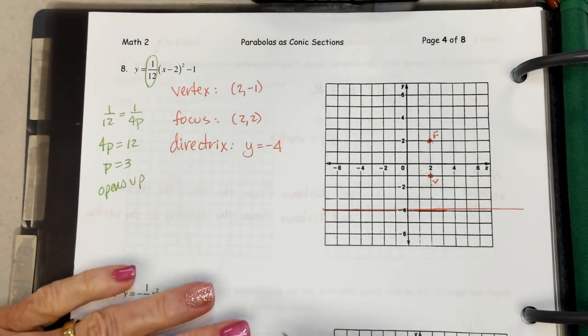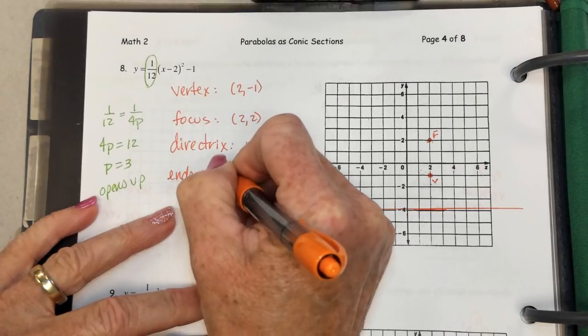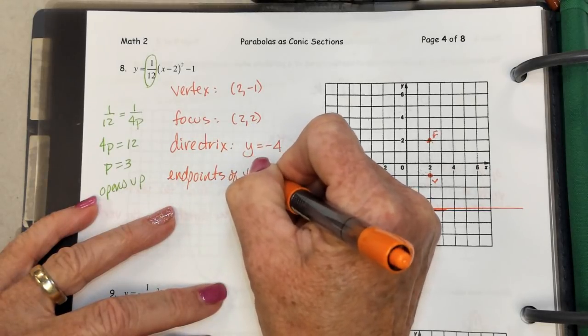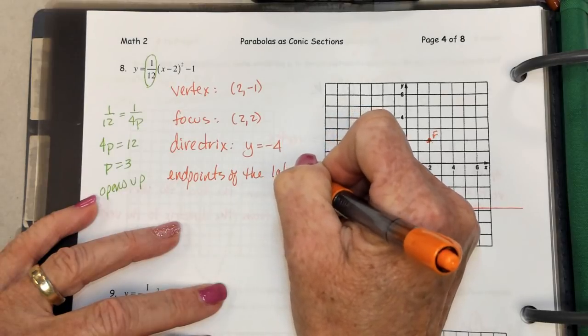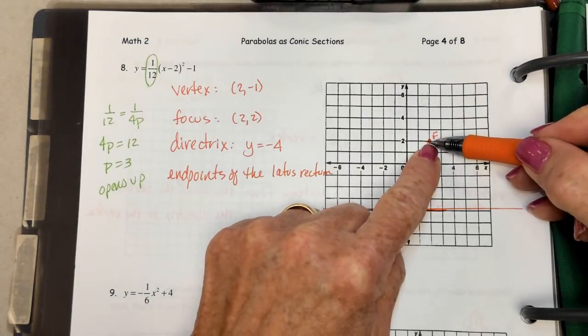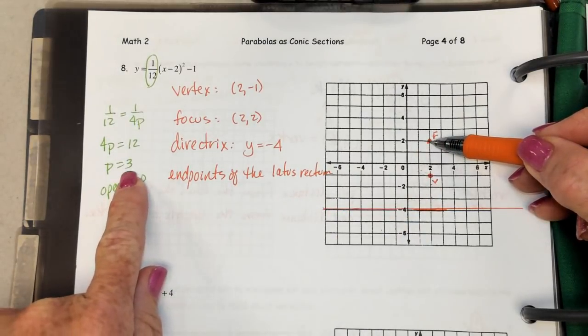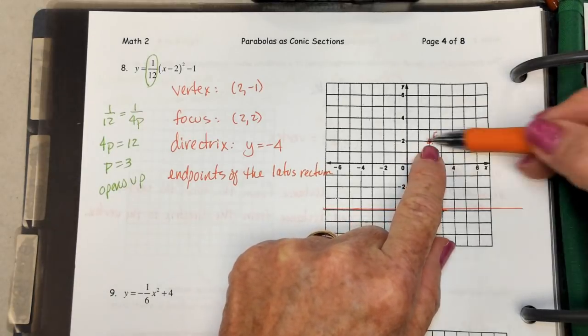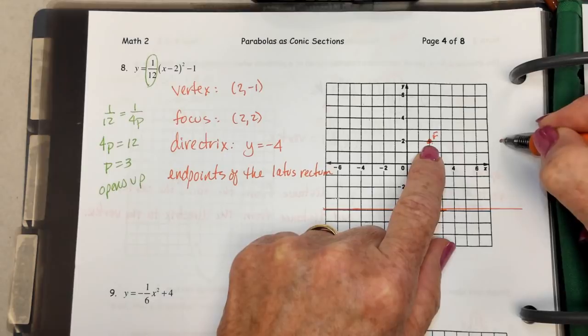All right, now, endpoints of the latus rectum. Again, from the focus, we're going to do 2p. So 2 times 3, which is 6. And we go out either way. 1, 2, 3, 4, 5, 6.